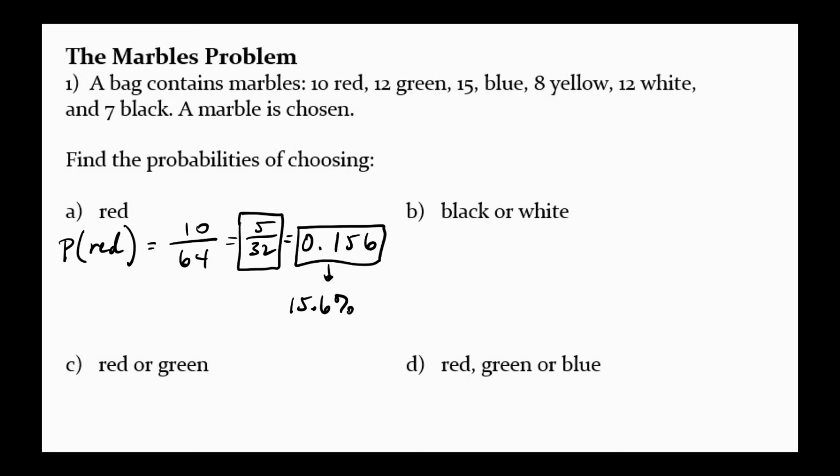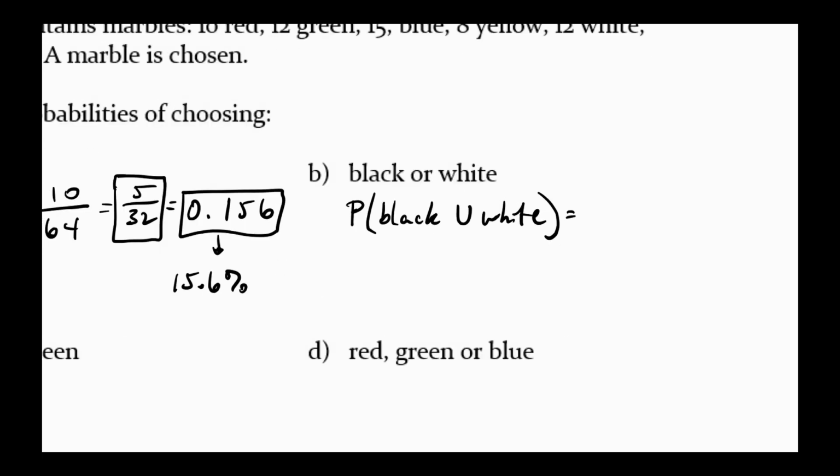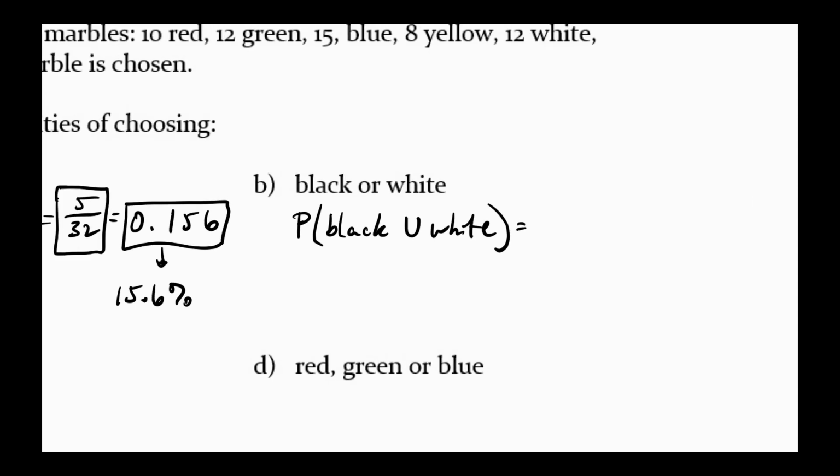So the next one, what is the probability of me reaching in there and picking out either a blue or a white one? So I'm only reaching in once, right? Sorry, not a blue, a black. Oops. So this is what they're asking: a black or a white one.